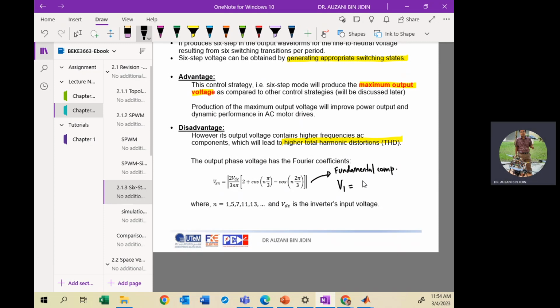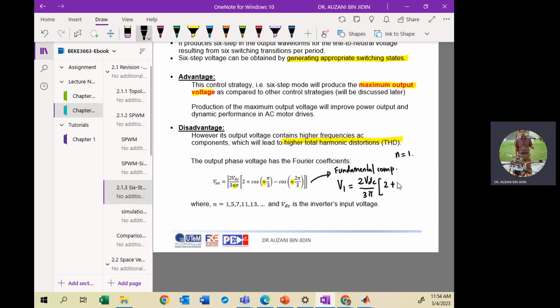Then you get 2 VDC divided by n pi, so that means 3 pi. Then in the bracket term here, you have 2 plus cos n pi over 3. You just substitute 1 because for the fundamental component, n is 1. So here you set n to 1, here also 1.